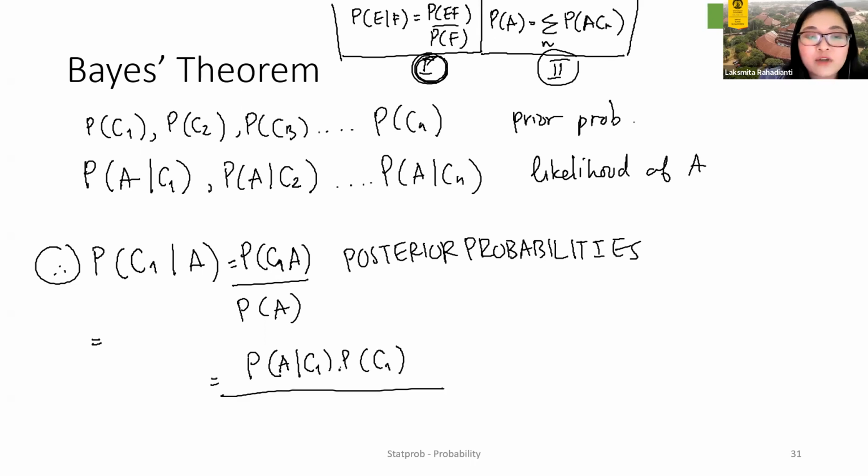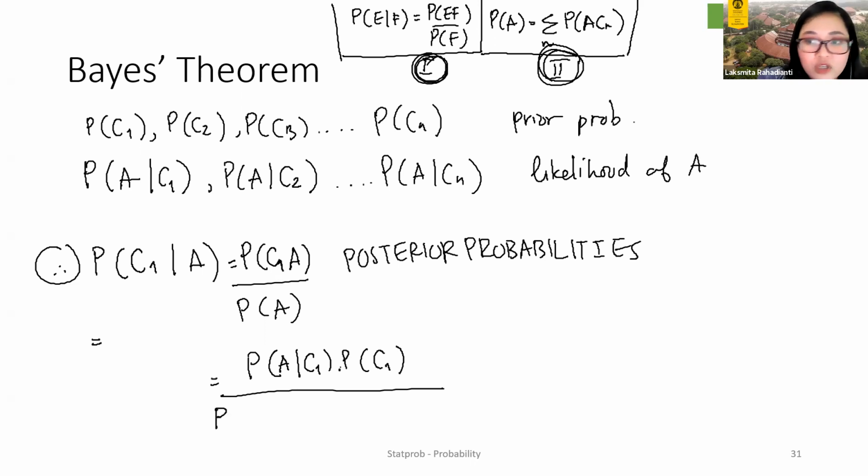And here, when I'm trying to compute the probability of A, I look to the second equation that I have, which is that P(A) can be computed as a sum of the probability of the intersection of A with every other condition that we have defined.